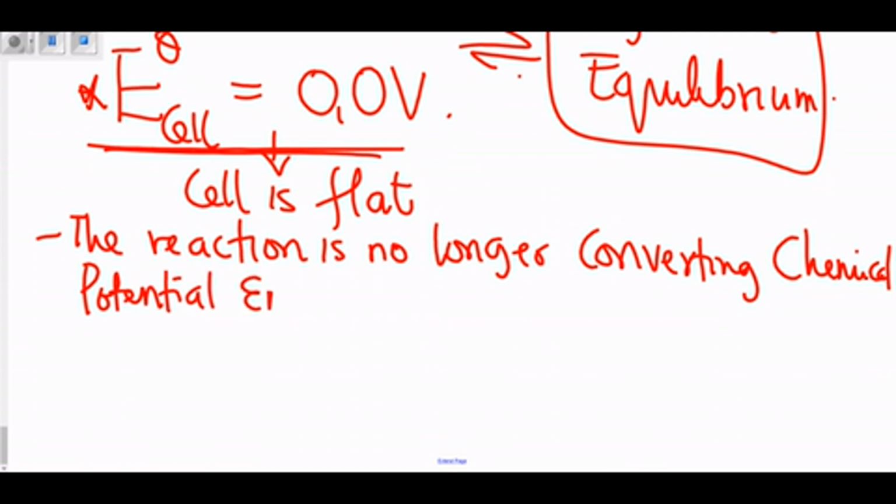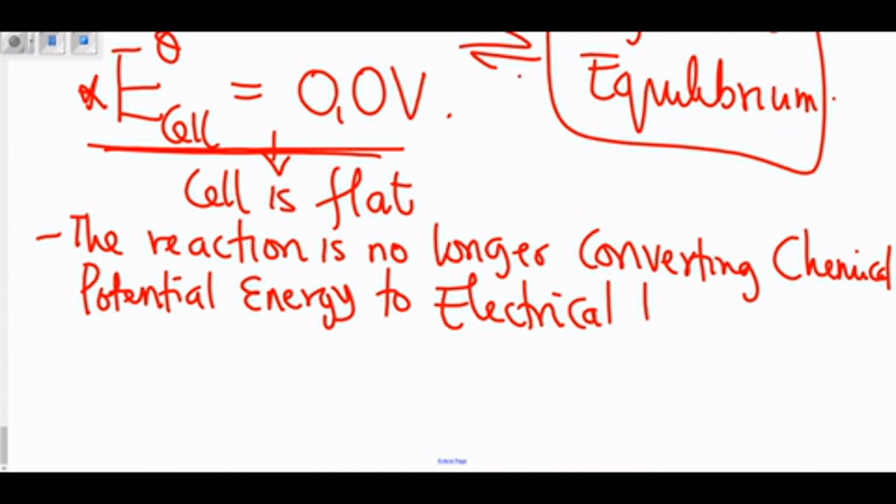You can pause if you want to write this note. There's no more conversion because the rate is just the same. The rate at which these reactions are taking place are the same.